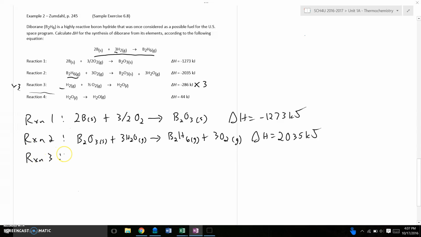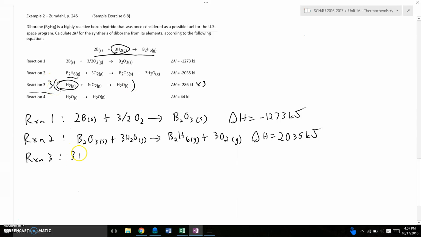Here I'm looking for my final reactant, my hydrogen gas. I see that in my final formula here, there are 3 hydrogen gas molecules, and I only have 1 in reaction 3. So to deal with that, I multiply the entire reaction by 3, including the enthalpy. So the entire reaction gets multiplied by 3.